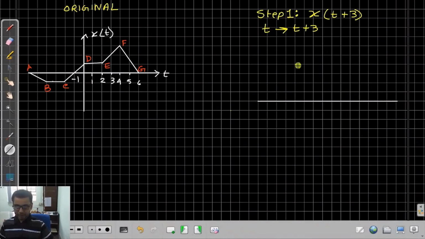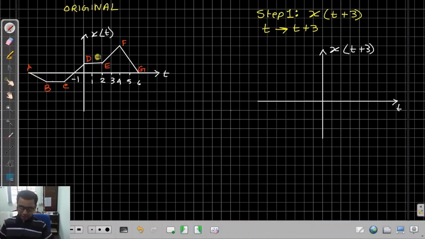Time versus amplitude. We are going to plot x(t+3), and this is going to cause a time shift.